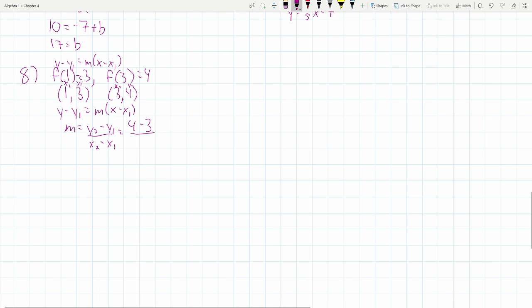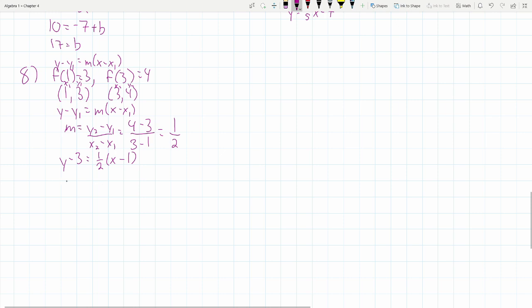My x2 is 3 minus my x1, which is 1. 4 minus 3 is 1. 3 minus 1 is 2. So it's 1/2. So I have y minus my y1 was 3 equals my m, which is 1/2, times x minus my x1, which is 1.